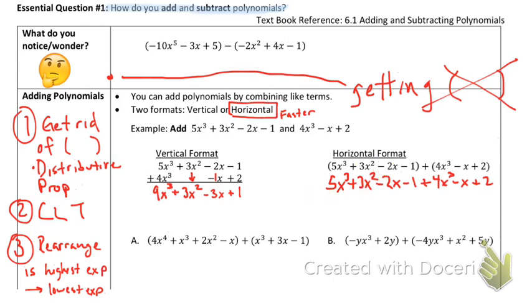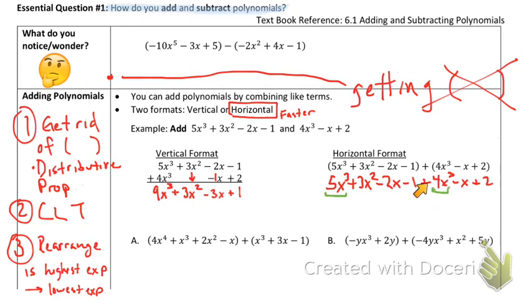What I like to do is go from one guy to another. So I'm looking for anything with an x to the third. So we have 5x to the third, and I'm just going down the line and looking for x to the thirds. And if you notice, I have 4x to the third.